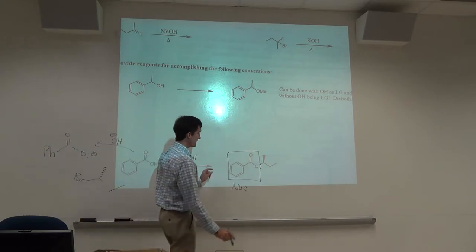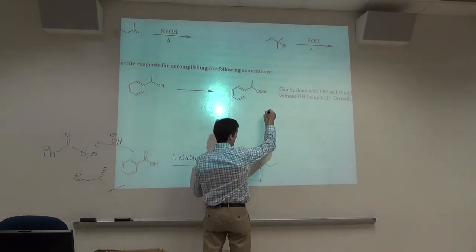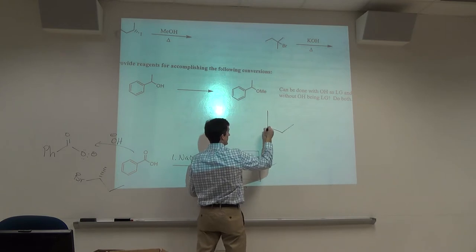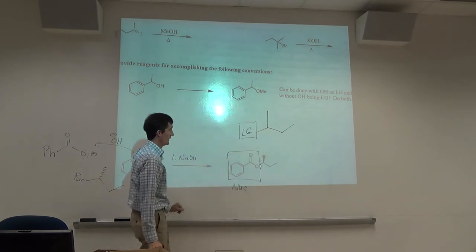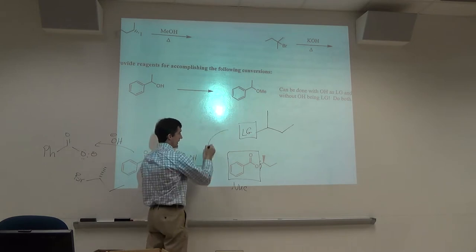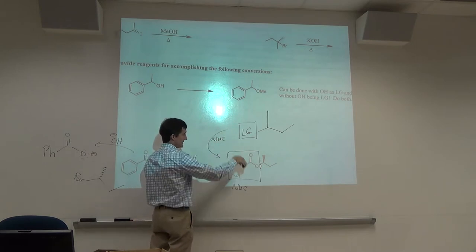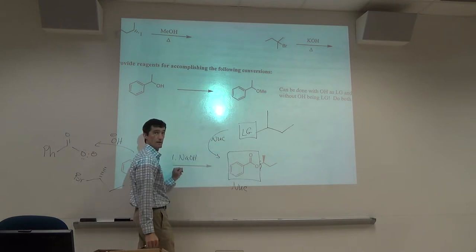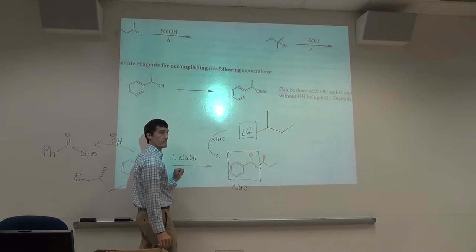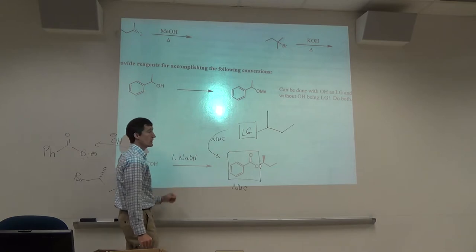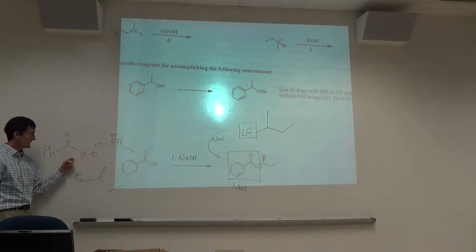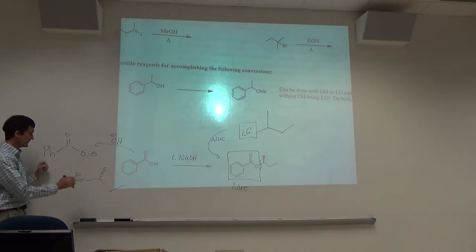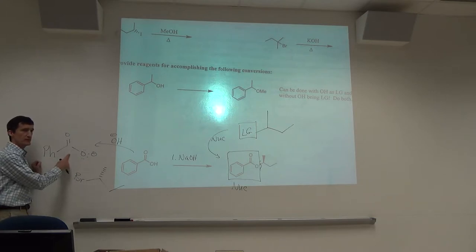So instead of that there, we need an LG, and we need the nucleophile to replace the LG. Now, what type of mechanism are we going to do if we deprotonate this and make this an anion? If this is the nucleophile, what type of mechanism is it going to do?